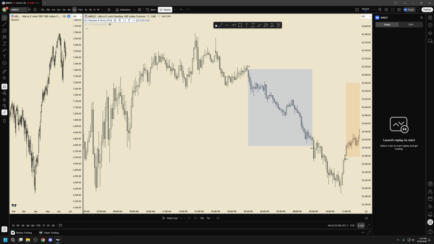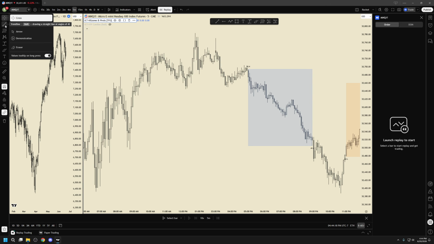Okay, drawing tools. This is where it gets pretty not important, but I like to have these drawing tools on, which is the only drawing tools I'll ever use on TradingView. Your drawing tools are on the left right here, but I have mine right here because I favorited them, so I don't have to click through each time.